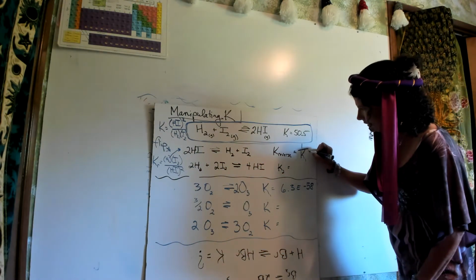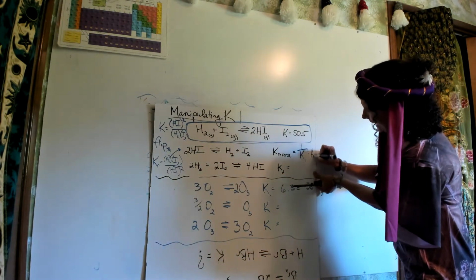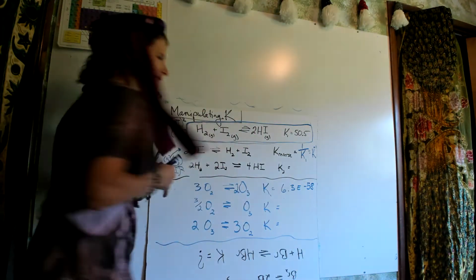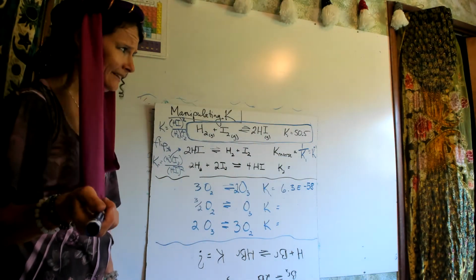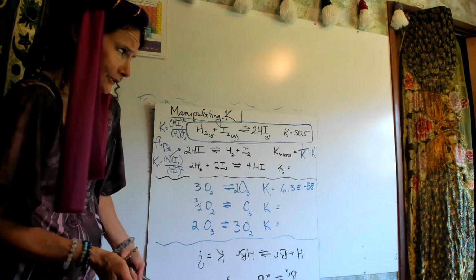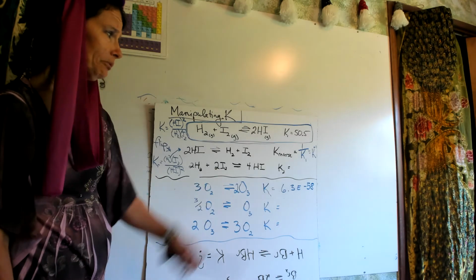Or you can write it as K to the -1. I mention that because you're going to have multiple choice at some point. And you have to know, if you write it, I don't care, I know both those answers. But you would only have one of those choices.